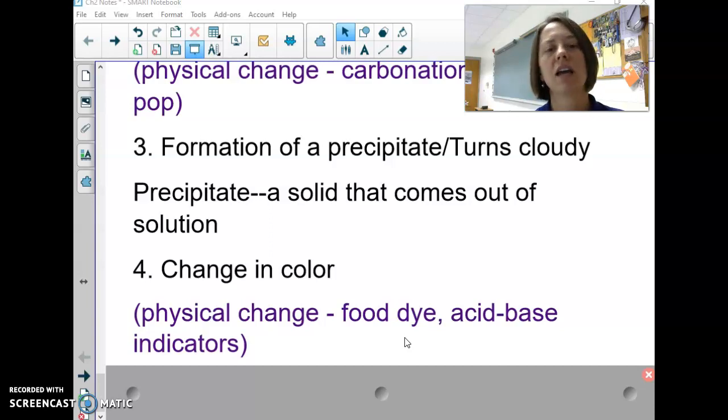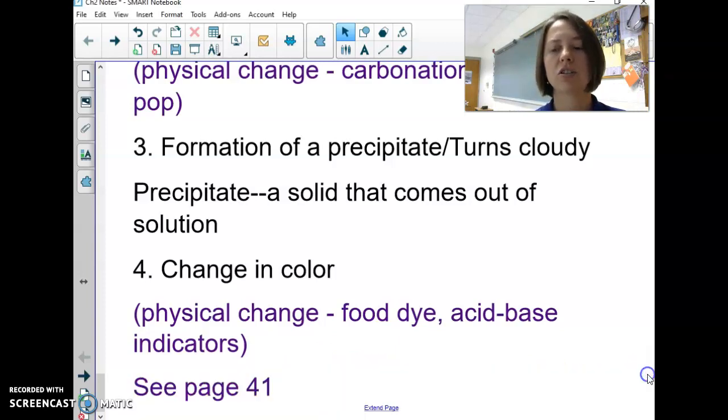And acid-base indicators, we're not going to get into that too much, but it's a special chemical that is one color in one formation, and then when it loses a hydrogen, it changes shape, and then it's a different color. So that's actually just changing shape. That's not a chemical reaction. But a lot of times when you see a change in color, it is a chemical change.